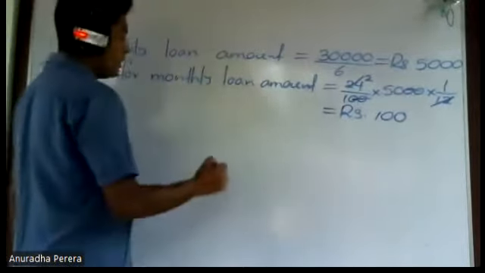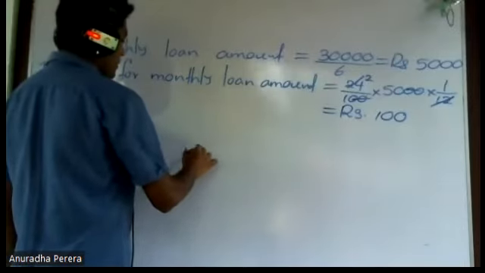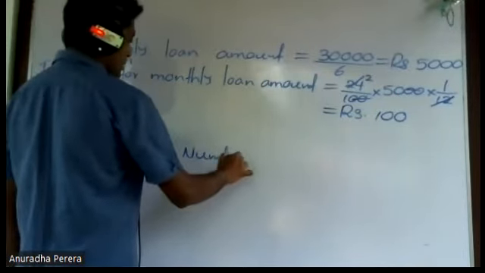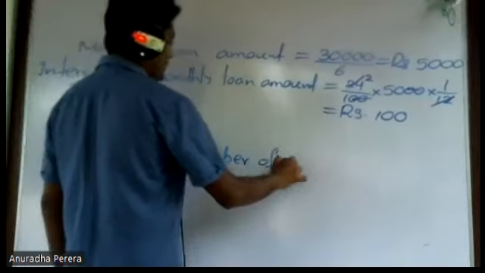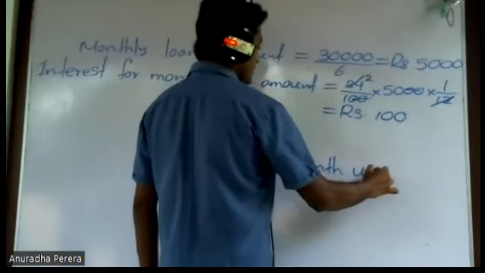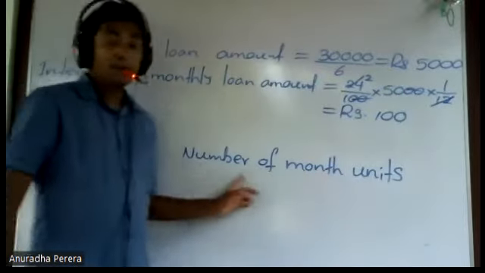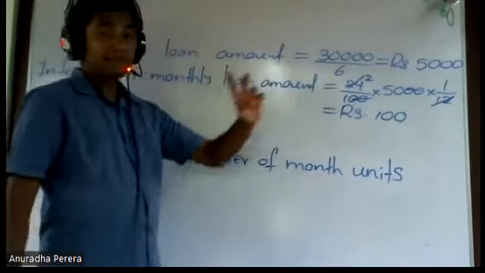It is called number of month units. What is it? The number of month units depends on the number of installments.